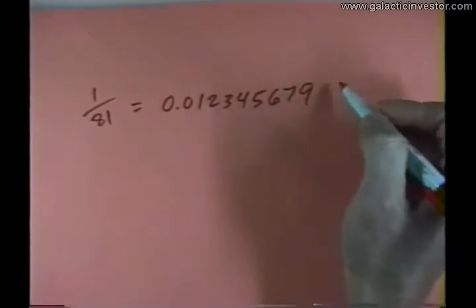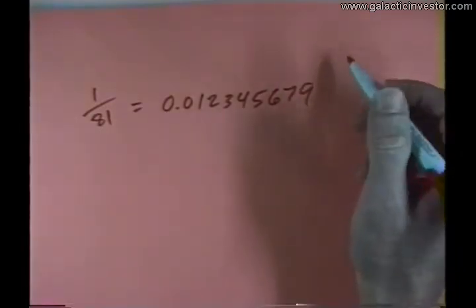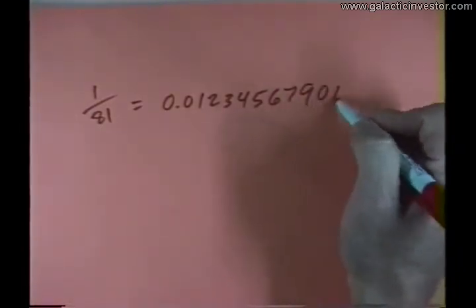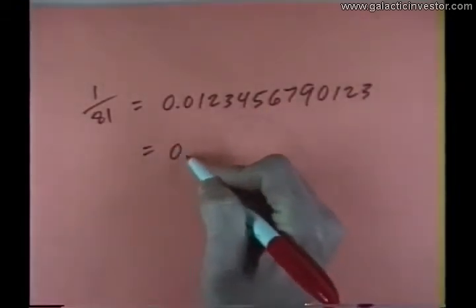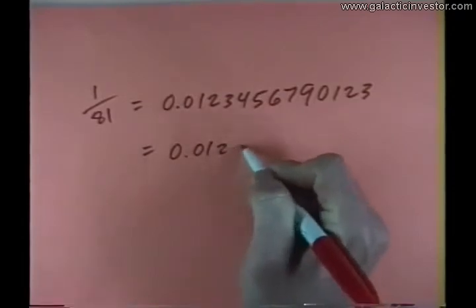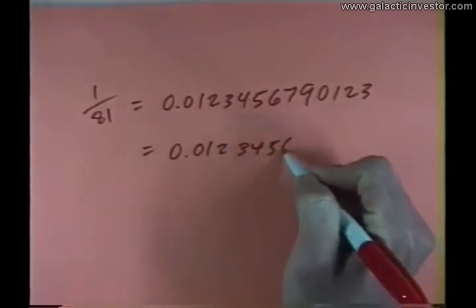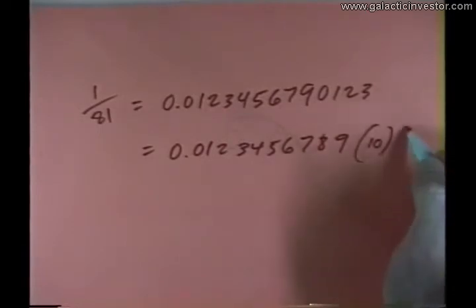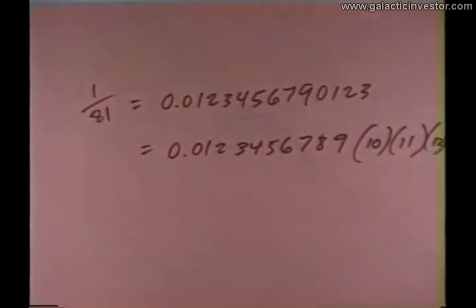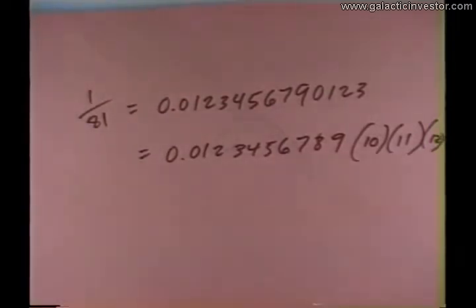Then it skips to 9, and then starts back at 0123, and that repeats, which could also be written as 0.0123456789101112 on out into infinity, because if you add the 10 to the 9, it brings the 9 to a 0 and the 8 to a 9.